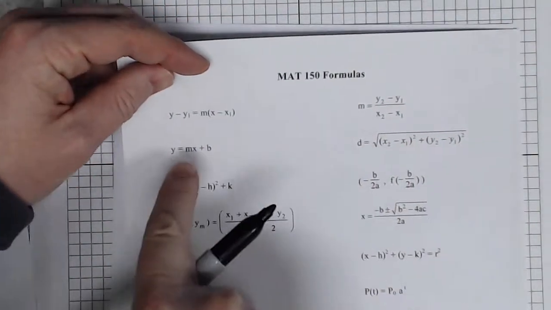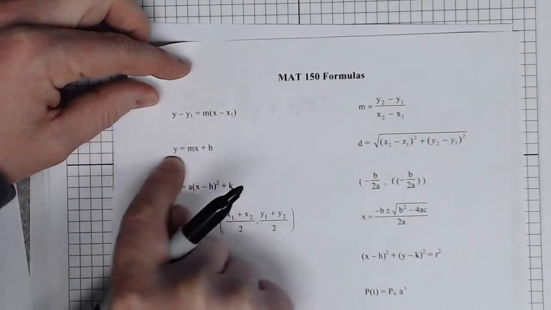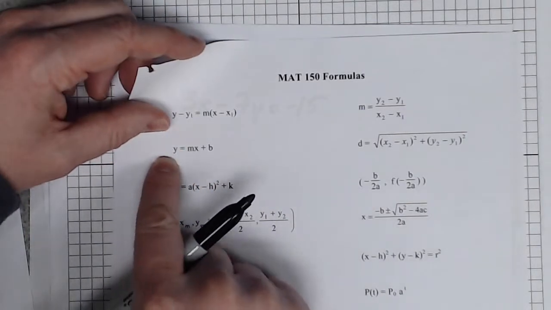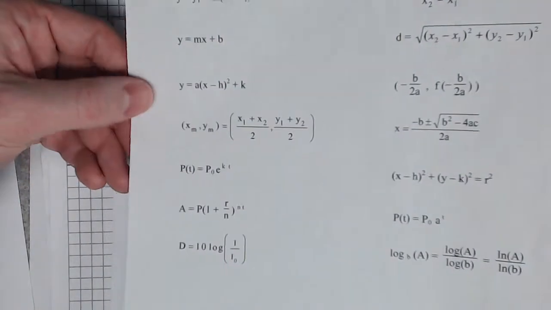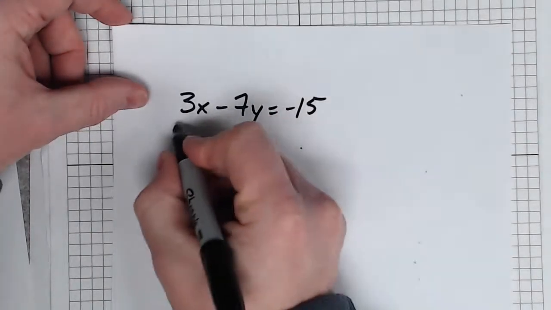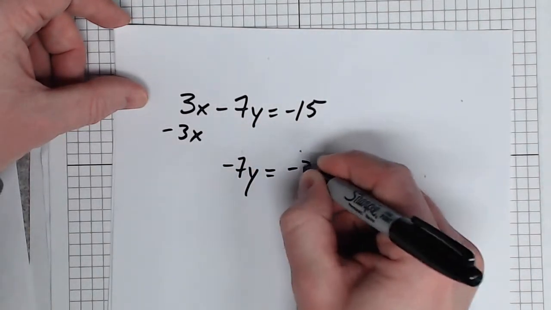If we put this in slope-intercept form, y equals mx plus b, if we solve for y, the number in front of x will be the slope. It has to be y by itself, though. So to get y by itself, you'd subtract off the 3x. And I'm going to put the negative 3x up here in the front.